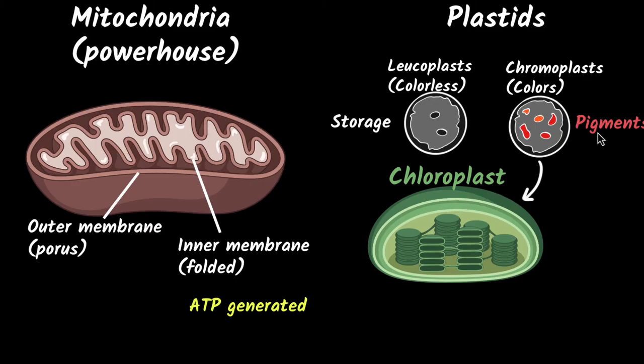Chloroplast is the one that has the green pigment. So you kind of see how it is, right? Chromoplasts can have different pigments and different colors, but the one that has the green pigment is what we call the chloroplast. And the reason that's important is because not only is it green, but it's also responsible for photosynthesis, right? Chloroplasts are the ones that do photosynthesis.